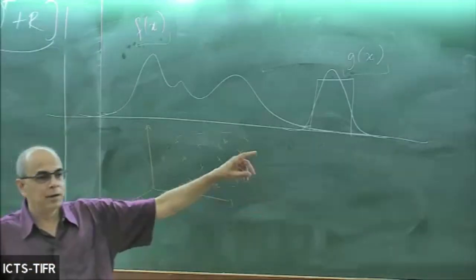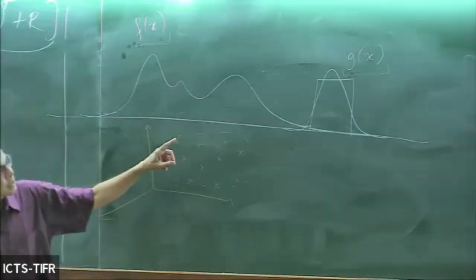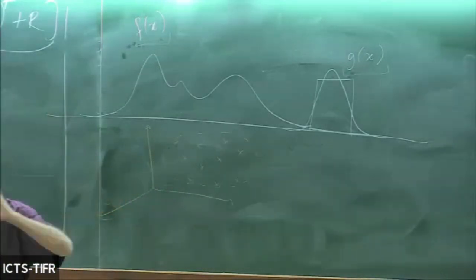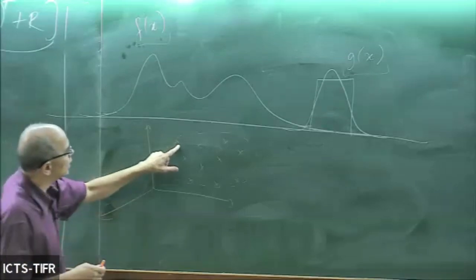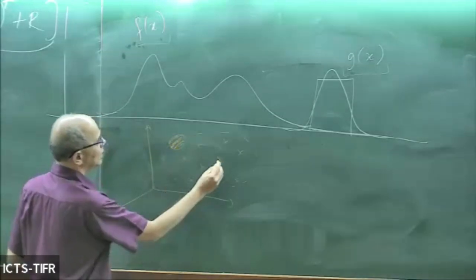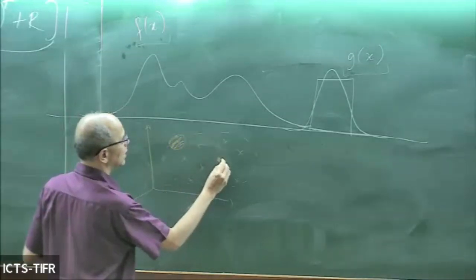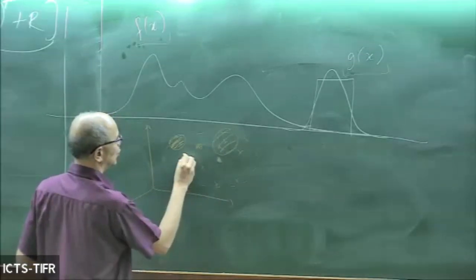A particle filter not only gives you the position of a particle, it assigns a weight. So I can now draw, let's say, a little ball around each one. If this one has more weight, I can put a bigger ball than, say, this one, which has a smaller weight. And let's say this one is very big, and this one is small, and so on and so forth, right?